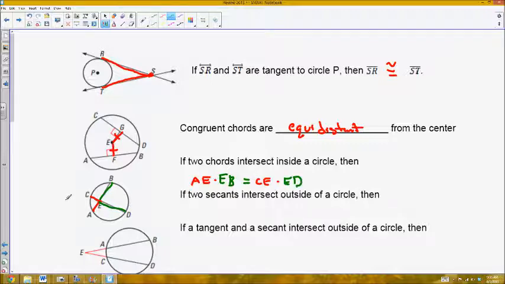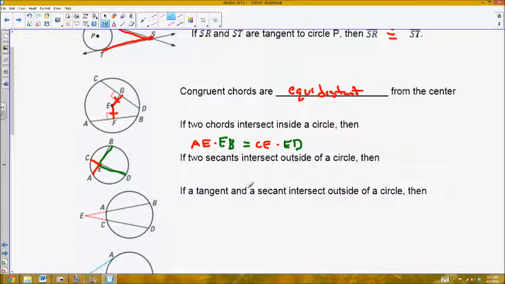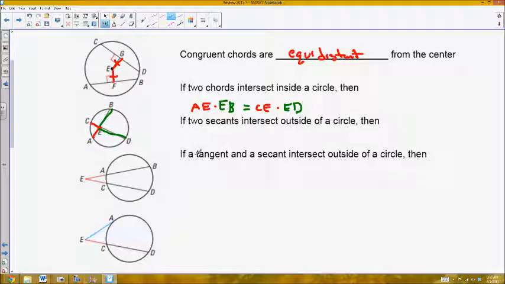Okay, so the product of the component segments of one chord is equal to the product of the component segments of the other chord. So it's a way of getting length relationships.